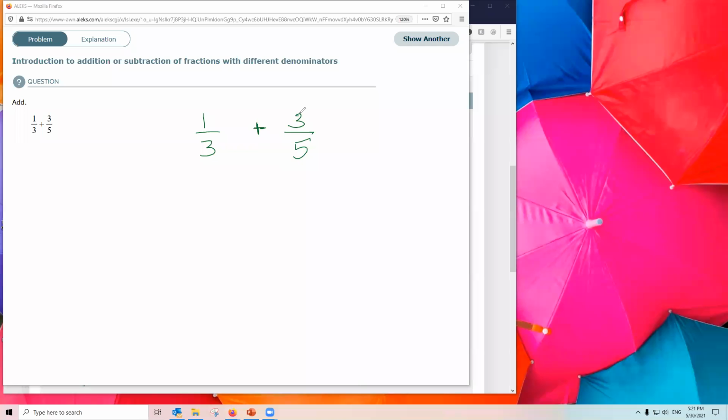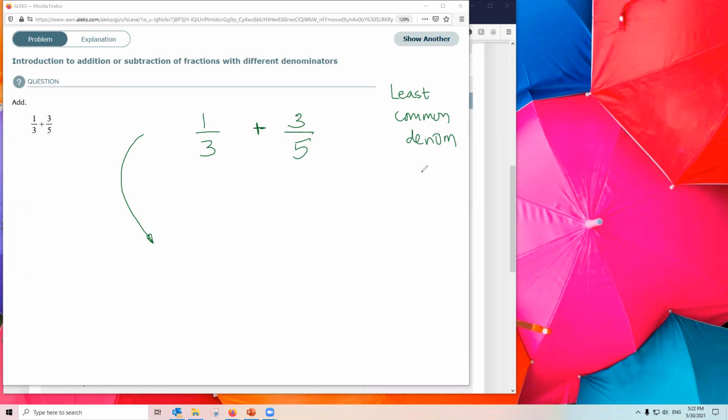So what I'm going to try to do is change these fractions and get them to have the same denominator. Well, the first thing I need to do is figure out what denominator I should be using. We're trying to find what's called the least common denominator. That's the denominator we're going to be changing over to.